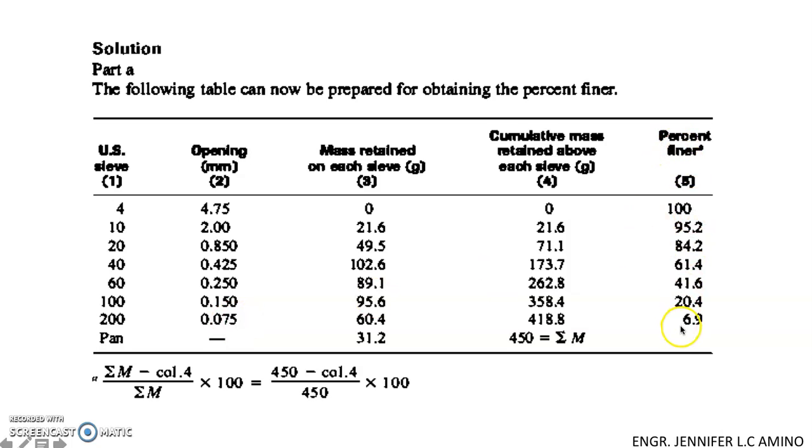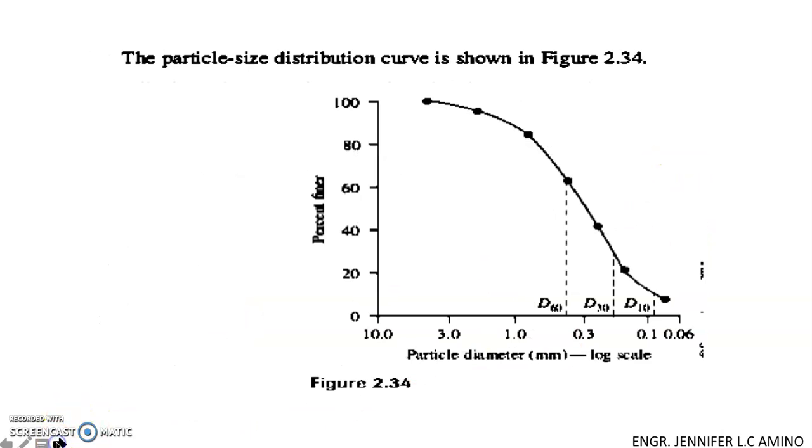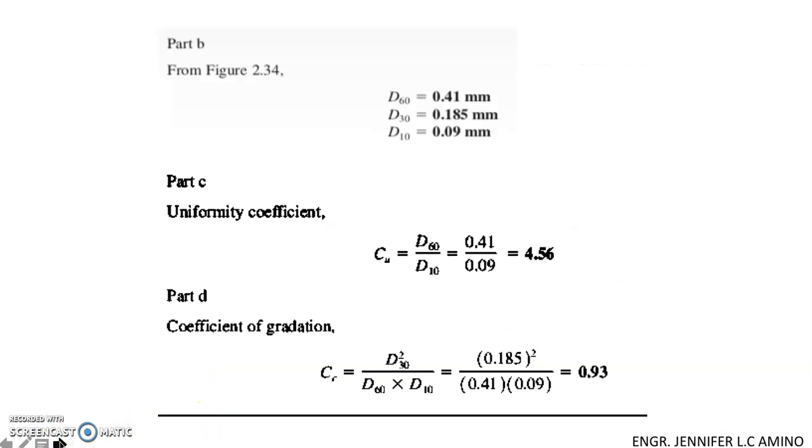This one you plot along y-axis. Once you have plotted that one, you connect the points, and this is now our particle size distribution curve. So once you have plotted your particle distribution curve, you can now solve for the other unknowns, which is the diameter of a percent finer.